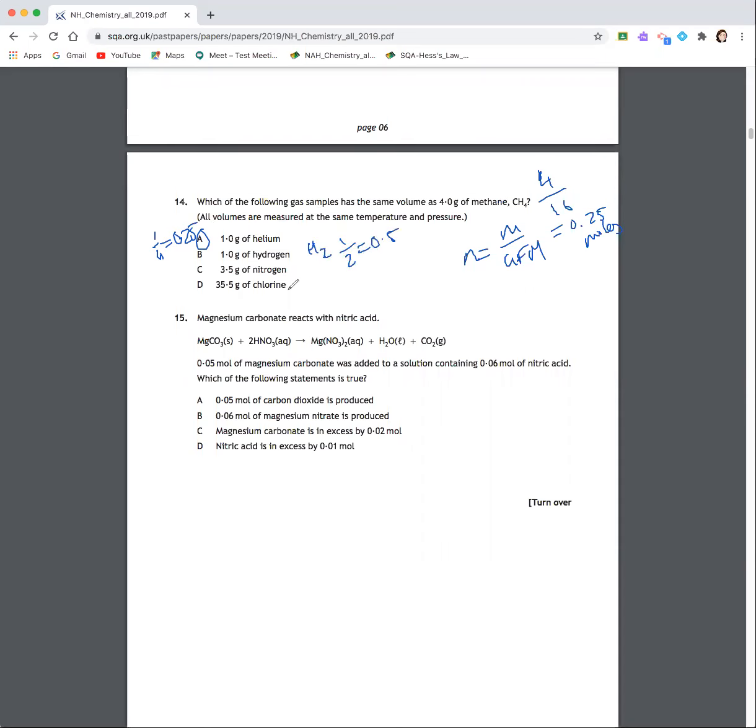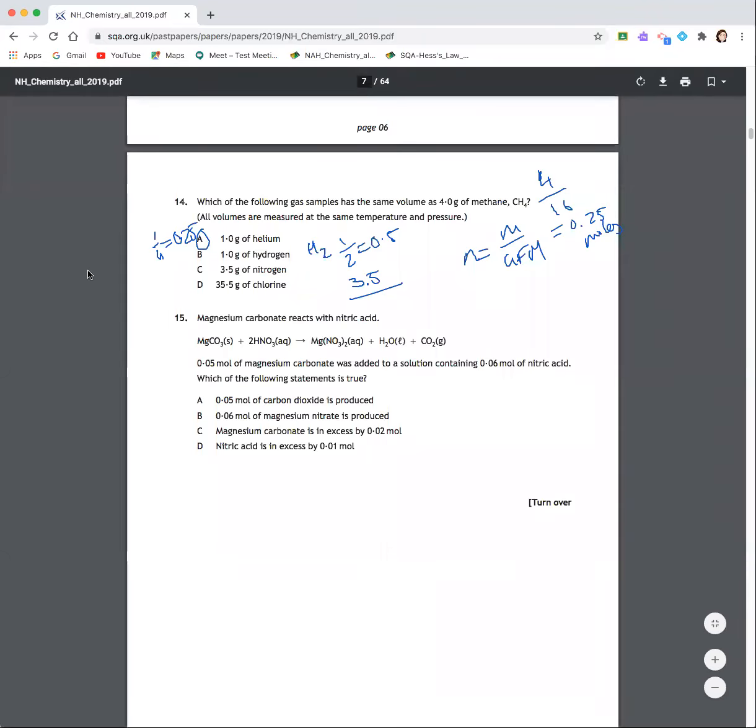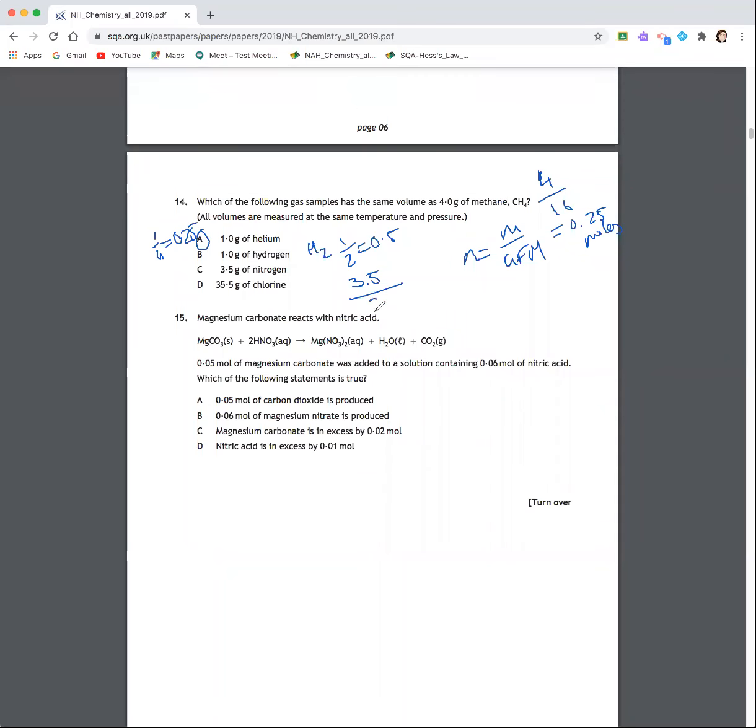For nitrogen, nitrogen is also diatomic, so that would be 3.5 over, and nitrogen is 14, so N2 would be 28. So 3.5 over 28 would not give you 0.25.